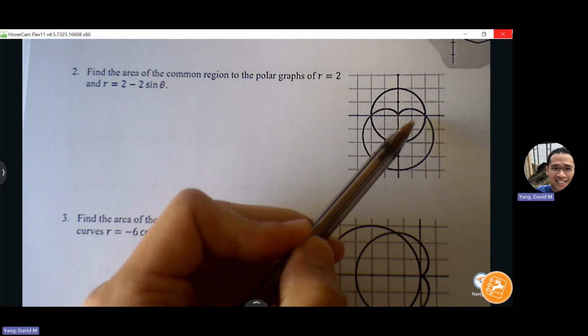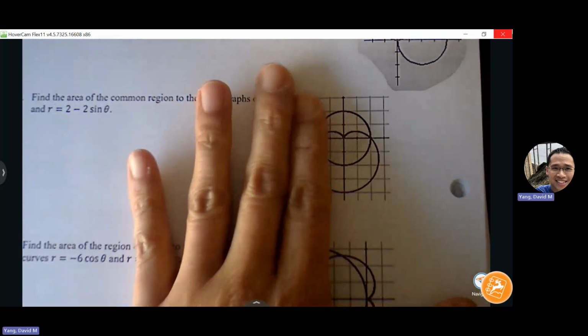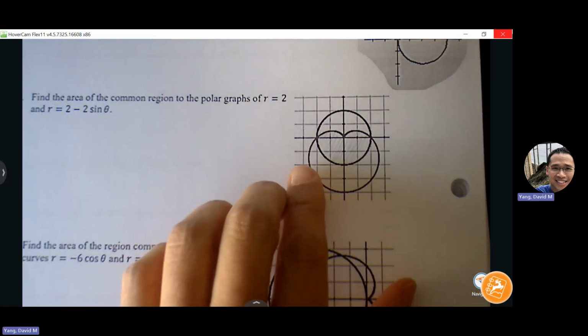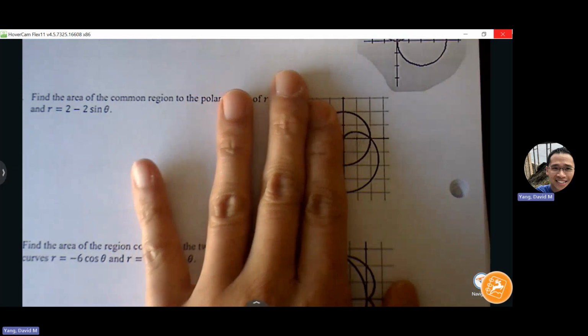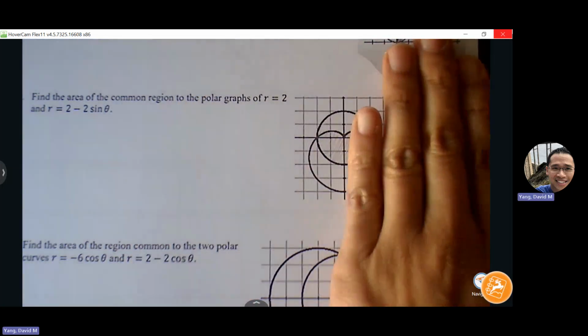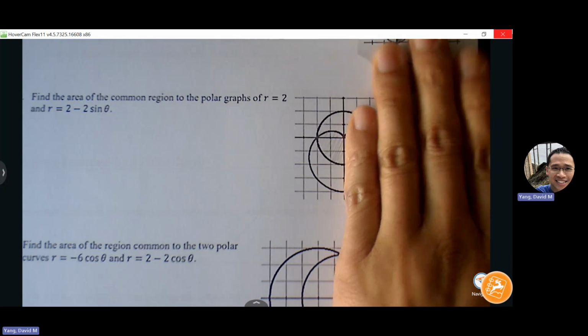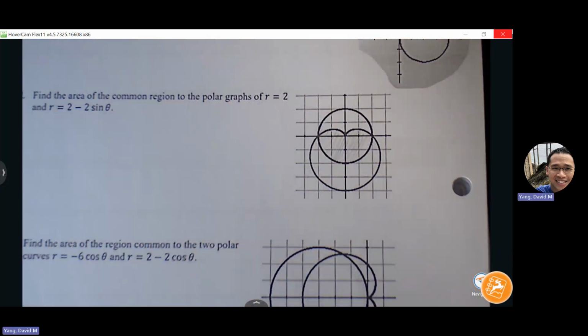First thing is I see that there's symmetry here, right? So what if I just find the region in the first and fourth quadrant, or you can find the region between the second and third quadrant, and then just double your answer, right? But we do know that we have multiple graphs that are hit along the way.